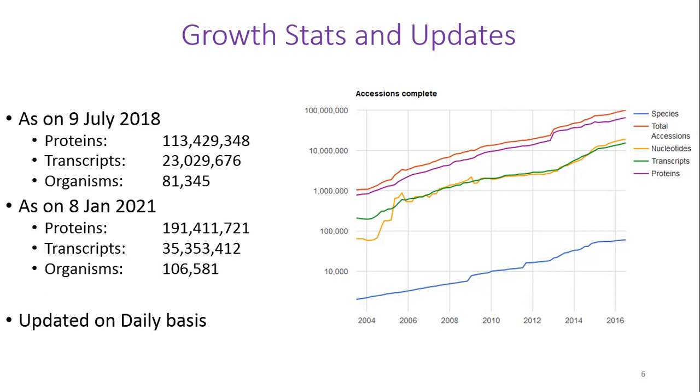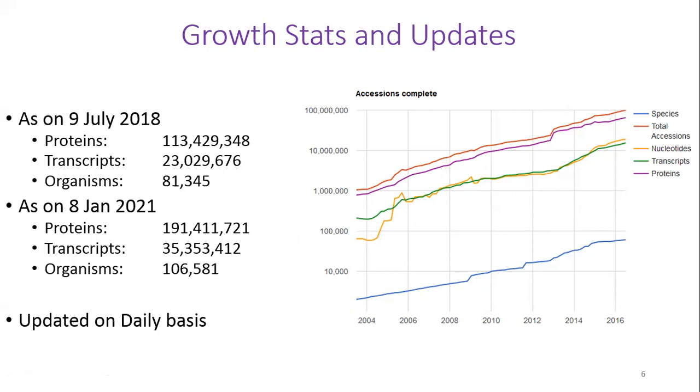But in this case, as you can see, the growth does not appear to be exponential. It appears to be linear, right? If you remember the GenBank statistics, the growth of the sequences in the database was quite exponential, something like this, right? But on the other hand, in case of this reference sequence database, the growth is quite linear. It is not exponential, right?